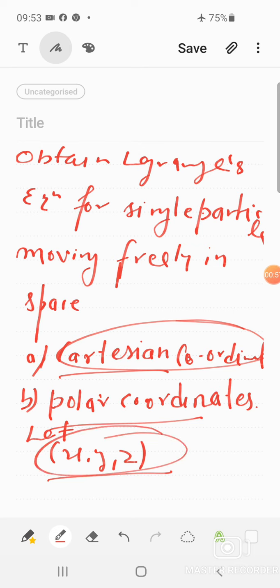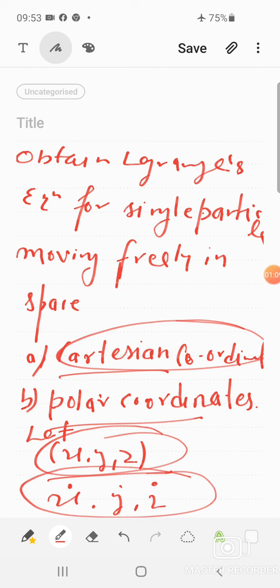If x, y, z are the Cartesian coordinates, then corresponding to these, x dot, y dot and z dot will be the velocities, where I have already talked about this dot, that is the first time derivative of x will be equal to x dot.